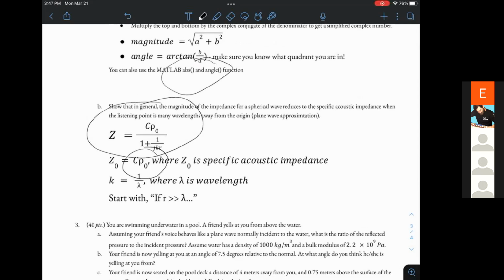There's not much here. This is not something you want to think about super heavily. Even if you're not used to doing these sort of problems where you have to show something, this is the simplest possible version of that. If you want to be super official, you can talk about what happens in the limit. But you can also say, if R is much, much greater than lambda, then blank equals 0, and do a little bit of these squarely equals.